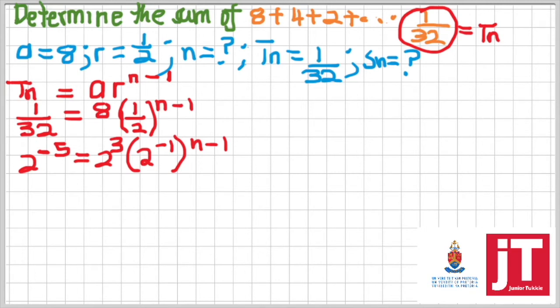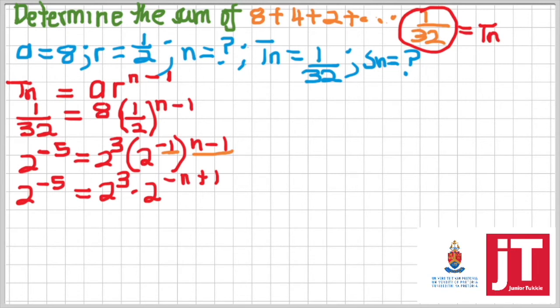Then thereafter, I'm going to simplify the right-hand side. I'm going to distribute the power, that n minus 1, and I'm going to multiply it by that negative 1 to get 2 to the negative 5 is equal to 2 to the 3 times 2 to the negative n plus 1.